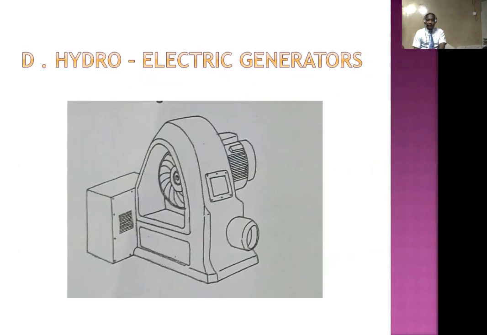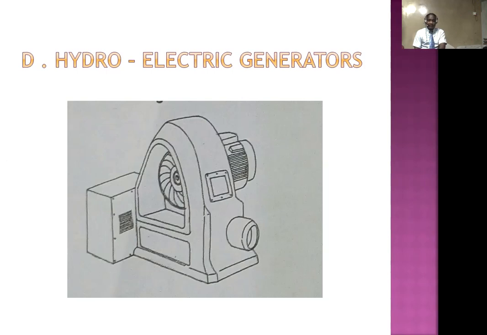They are usually fitted below a dam or a large waterfall with the purpose of trapping electricity. The flowing water is used to turn turbines that in turn produce electricity that is used for various purposes.